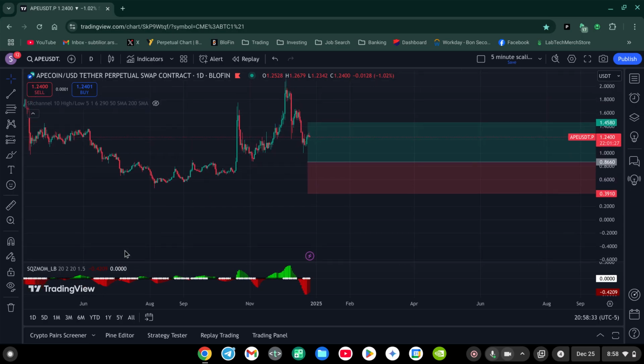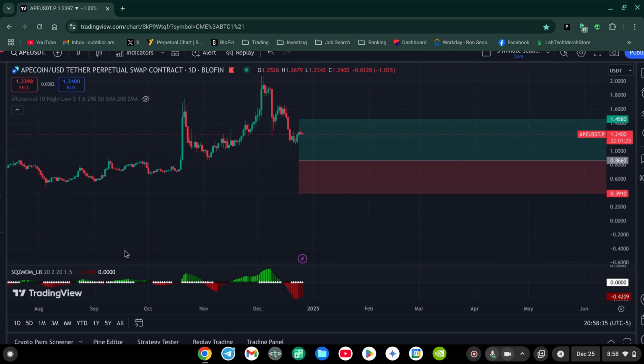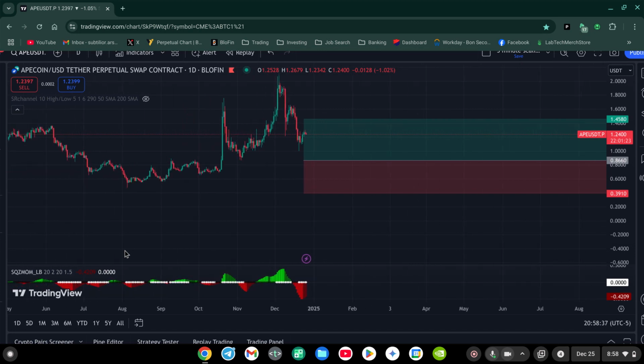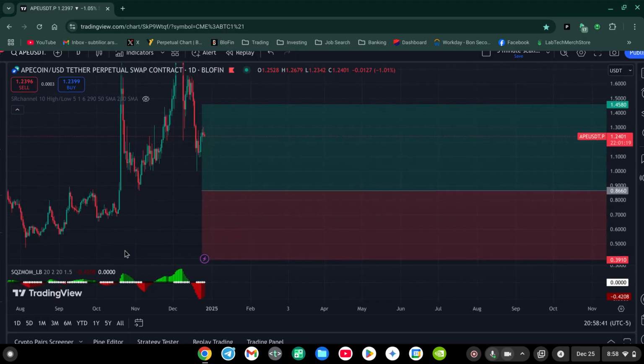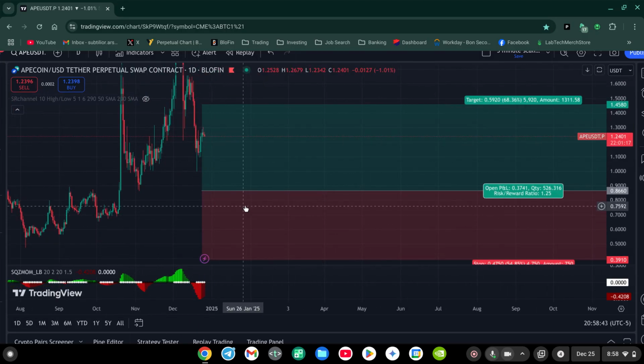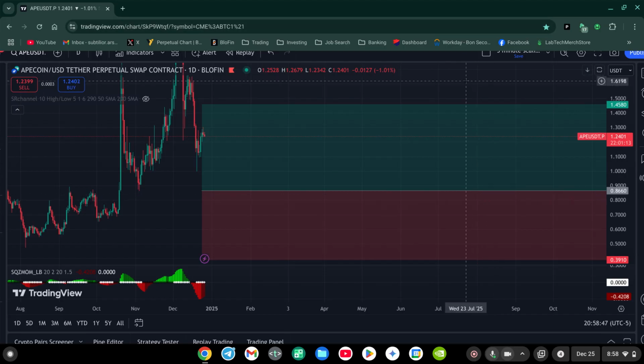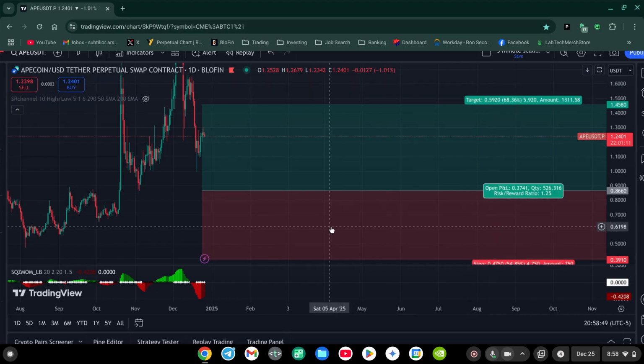If you look at this long position I have set up here, basically the bot is set to trade ApeCoin on a grid from 0.86 down to 0.45, like this, the green area.